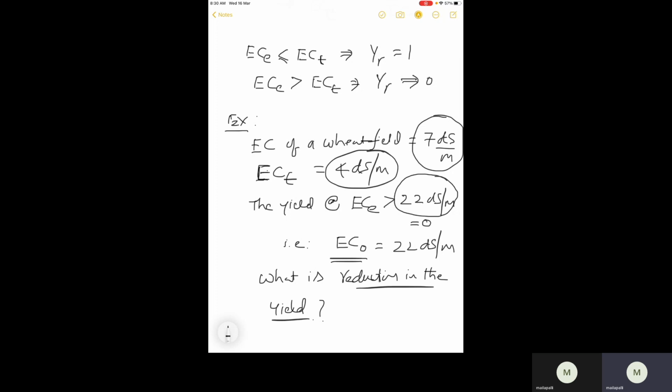So if the soil salinity is 7 deci per meter and the crop is wheat, what is the yield reduction you can expect? Why is there yield reduction? Because for 4 deci per meter there is no yield reduction. Since the soil has 7 deci per meter, there is definitely yield reduction, but you have to find out how much. Okay, that's the question here.